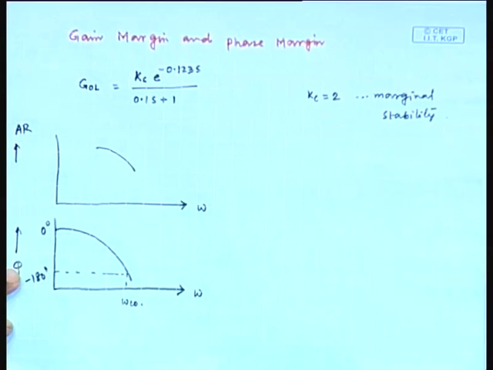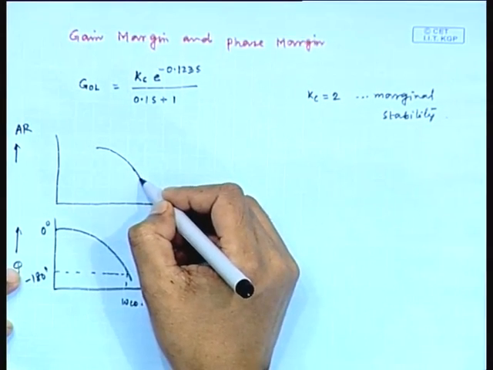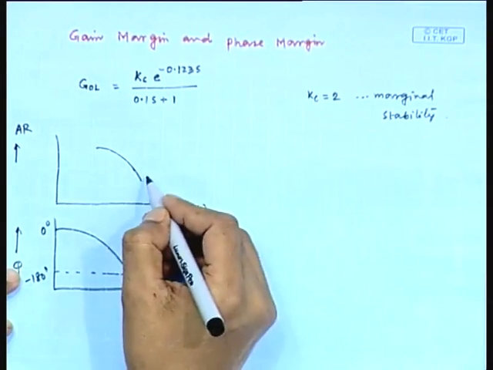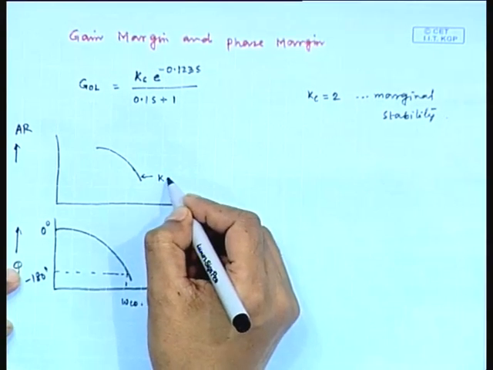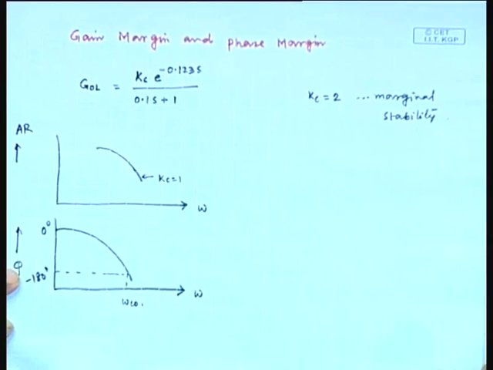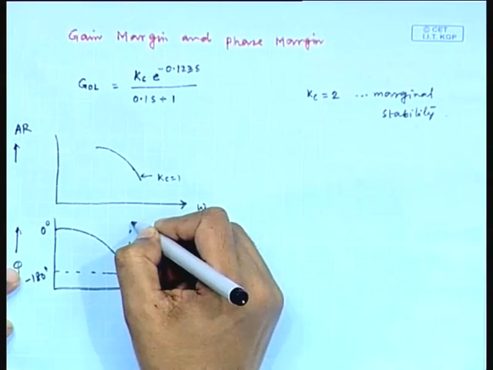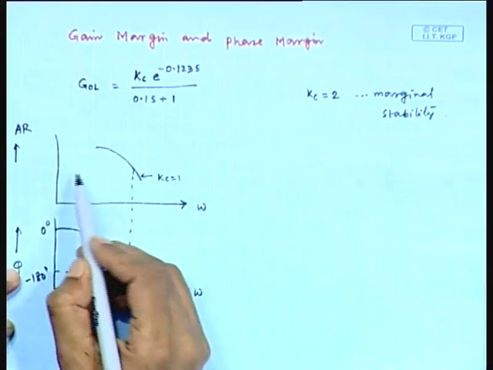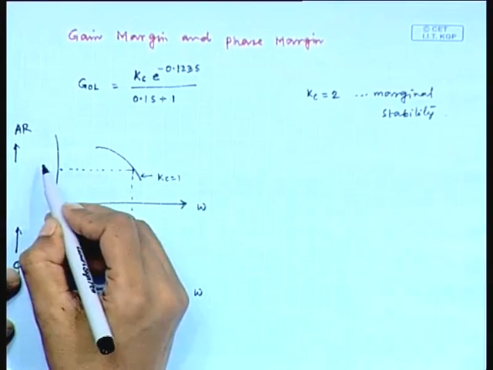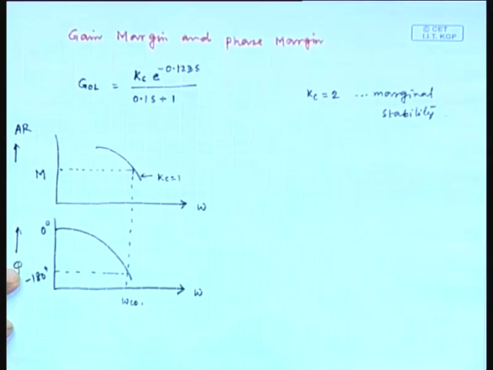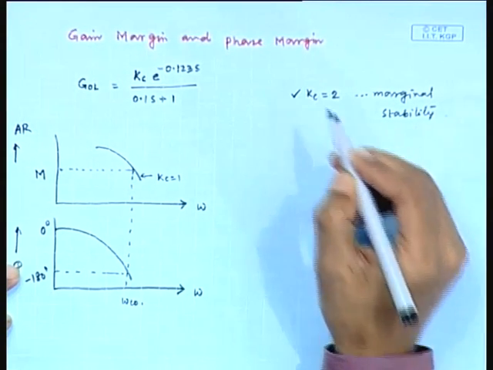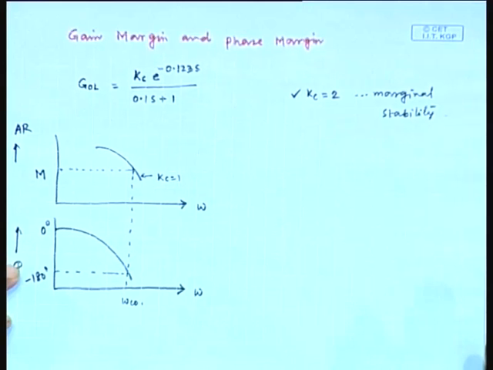Suppose this is the amplitude ratio versus omega plot when Kc equal to 1. So, at crossover frequency, the amplitude ratio we obtain, suppose that is m. Now, as mentioned, the marginal stability corresponds to Kc equal to 2.